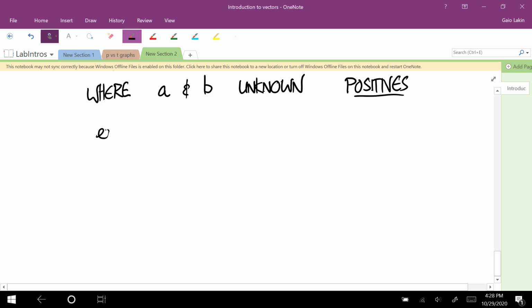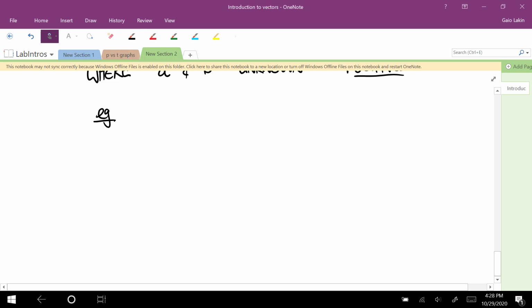Okay, so for example, let's say that U is this way and V is this way. And even though we know the magnitudes of those, because I drew some certain length for those, the fact that we aren't going to know what they're multiplied by is going to mean that all that matters is the direction.